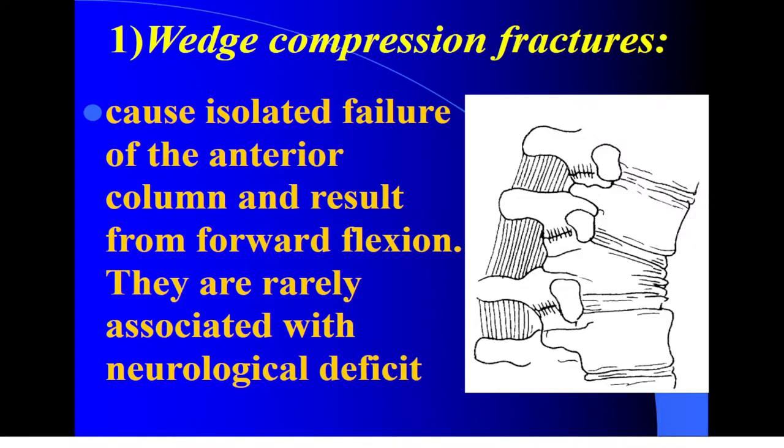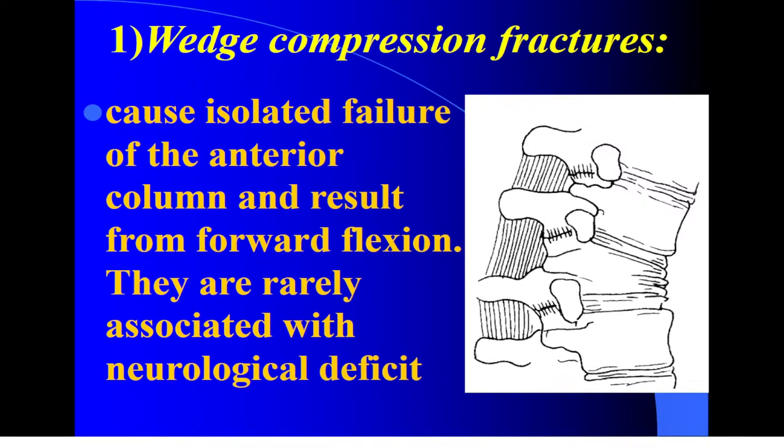And we can split that type of injury into three types as well. It can be grade 1, grade 2, and grade 3 injury. Grade 1 injury is a condition when the anterior height of the vertebra becomes less compared to the posterior by less than 1/3.